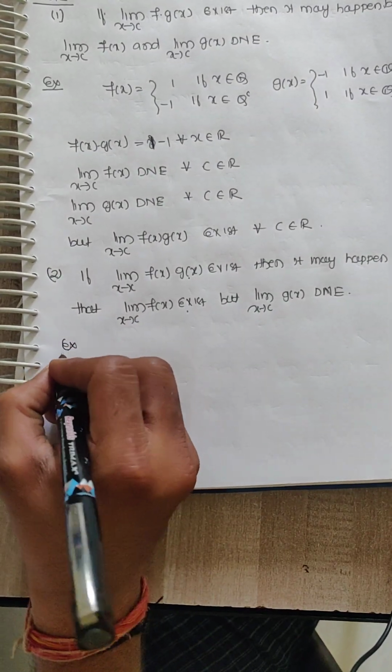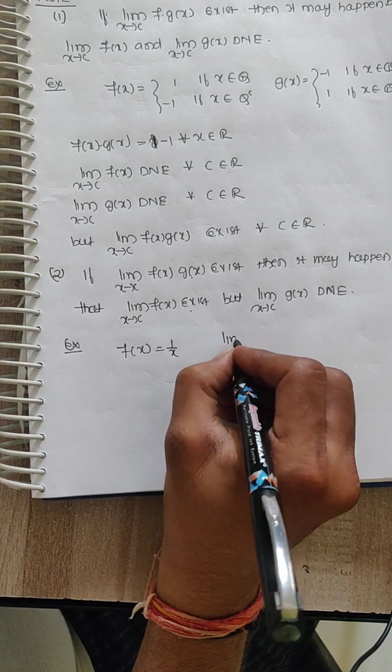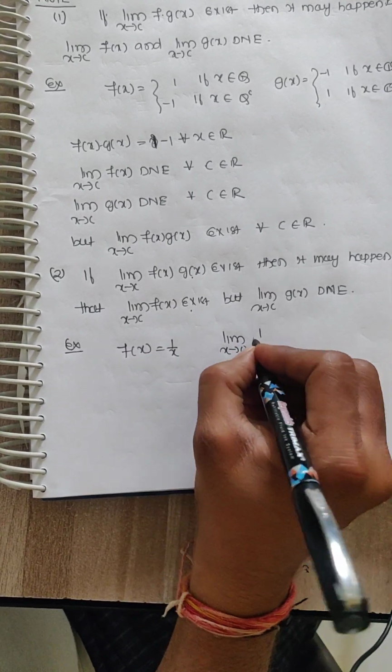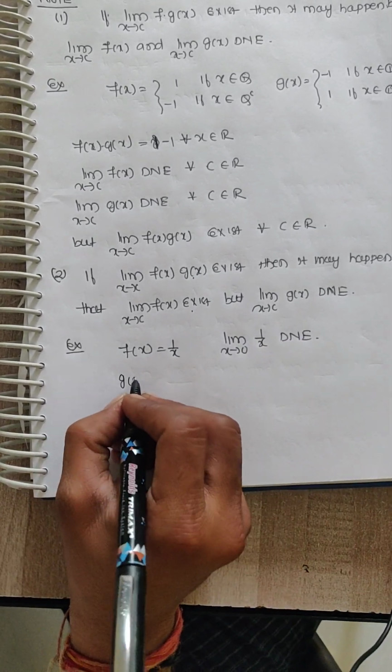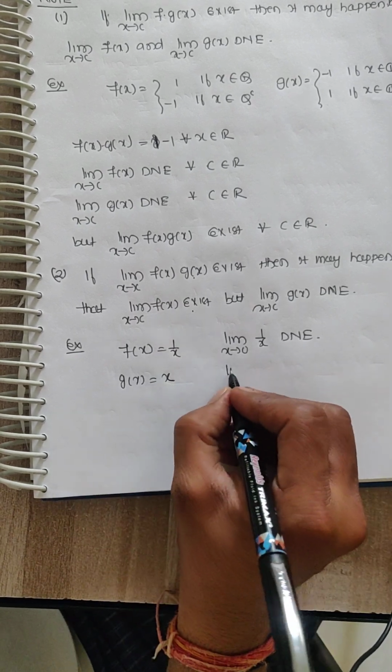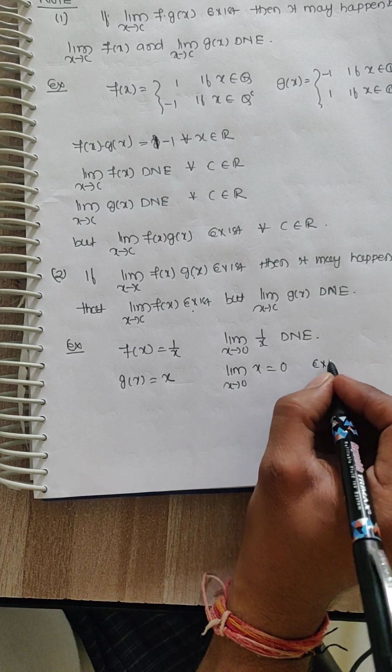For example, if I take f(x) equal to 1 by x, the limit as x tends to 0 of 1 by x does not exist, and g(x) equal to x, the limit as x tends to 0 of x is nothing but 0, exists.